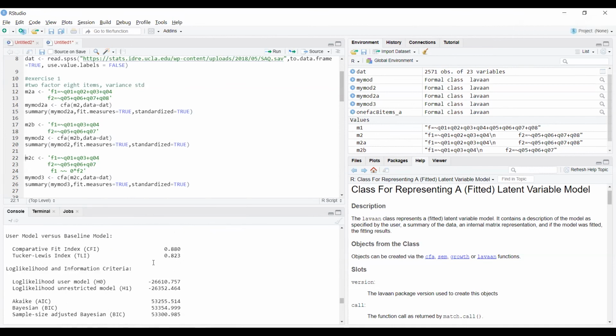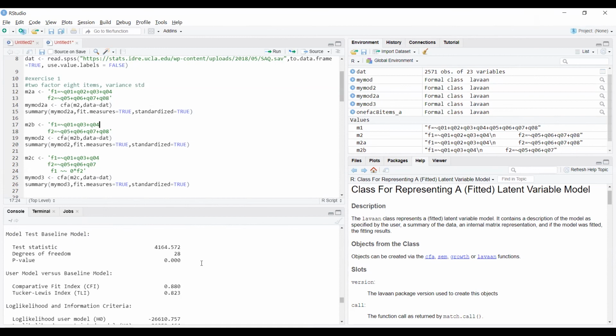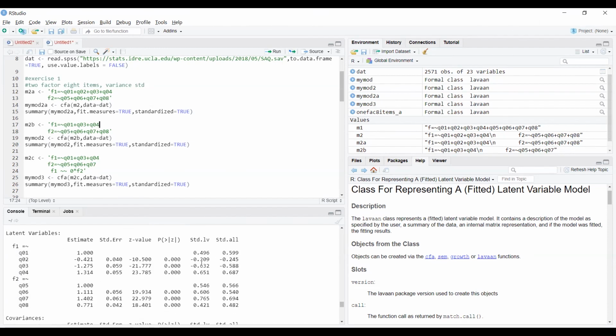Yeah, let me do this again. Before I removed 8, the TLI is 0.861. After I removed 8, it's 0.844.